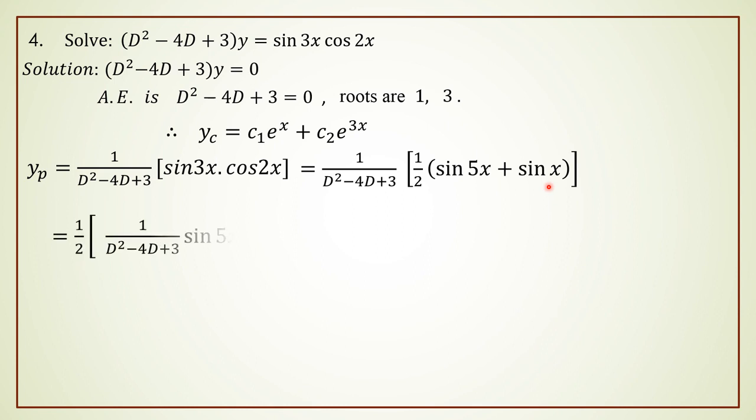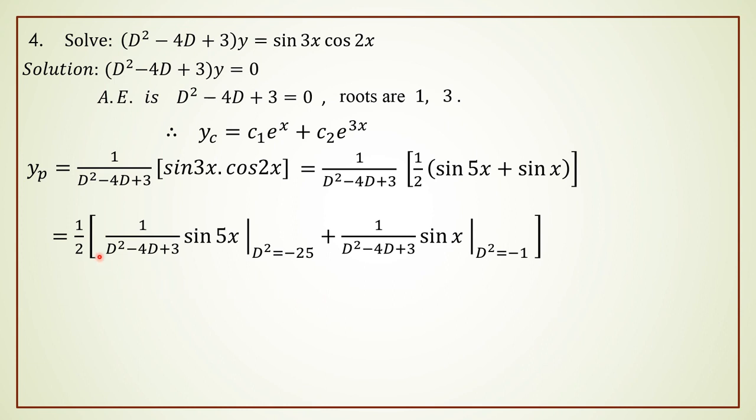Now let me reduce this equation in the following form: 1/2 into 1/(D² − 4D + 3) acting on sin 5x plus 1/(D² − 4D + 3) acting on sin x. In the first case, what do I have to do?